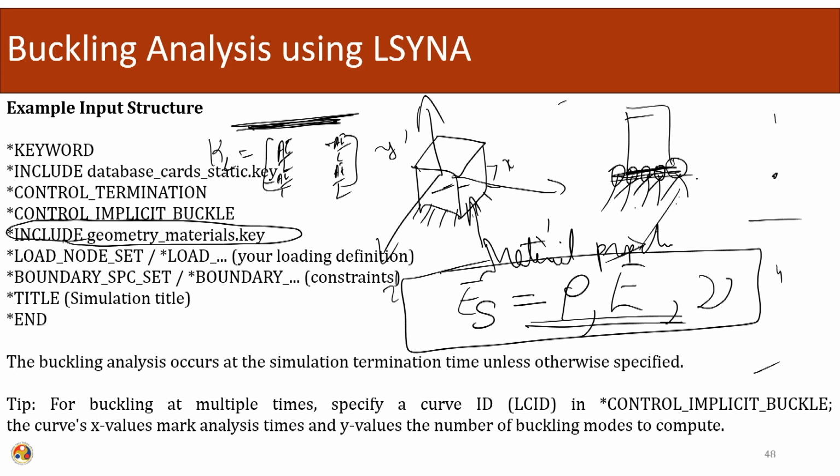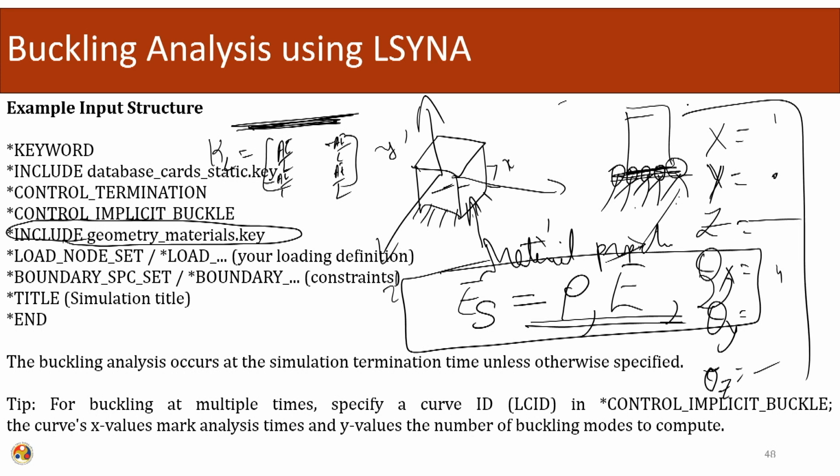We will say whether they are able or not able to move in the displacement sense, or able or not able to move in the rotational sense. Giving a value of 0 or 1 will allow us to choose the movement of these nodes. So we will give the boundary condition to the system.